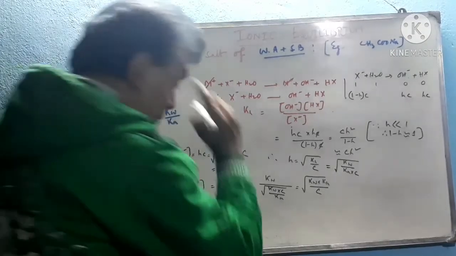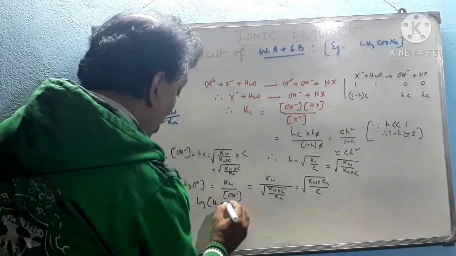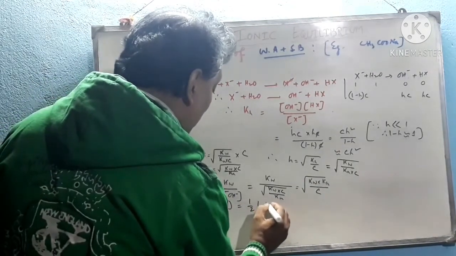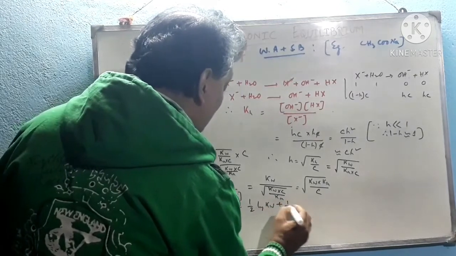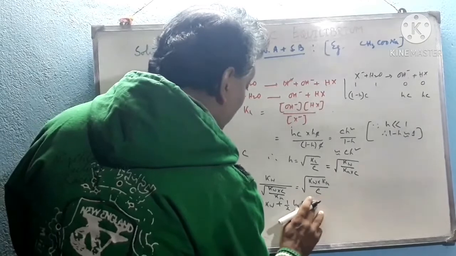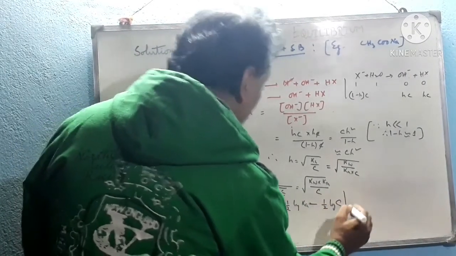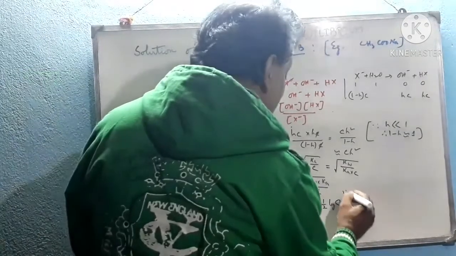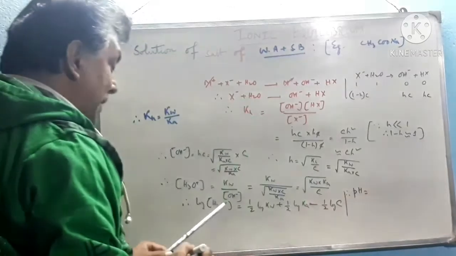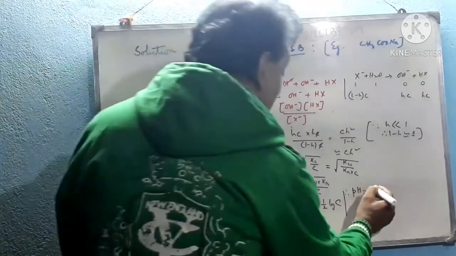So taking log on both sides we get log[H3O⁺] = ½ log Kw + ½ log Ka − ½ log C. Now from this expression we can write pH, because −log[H3O⁺] is pH, so it also becomes −½ log Kw, that means ½ pKw.